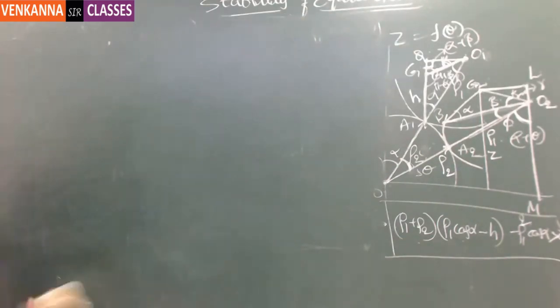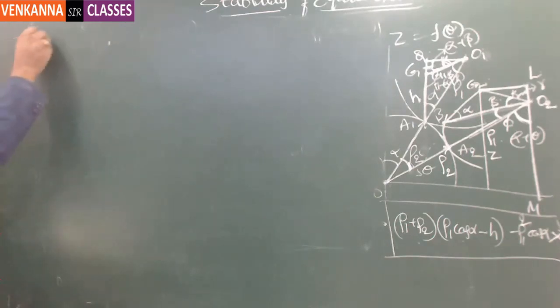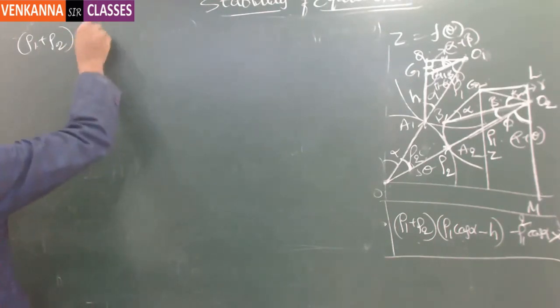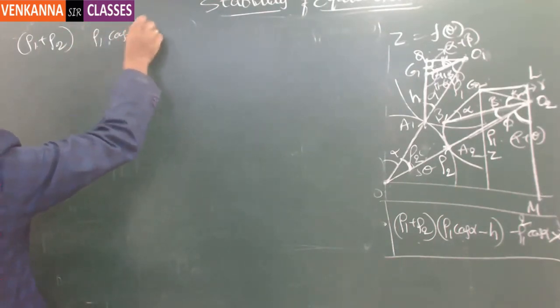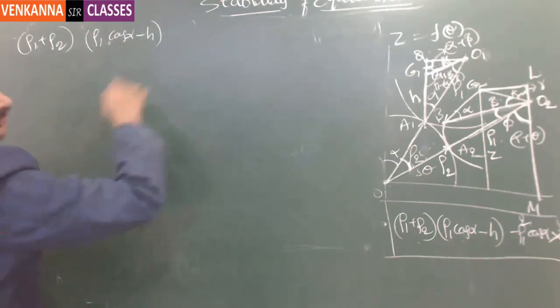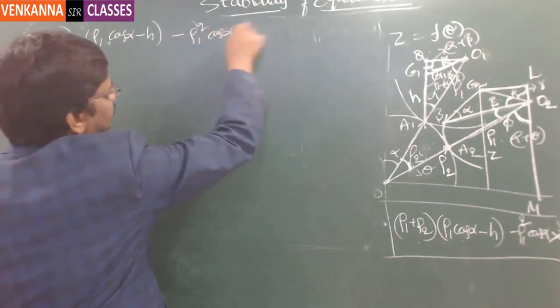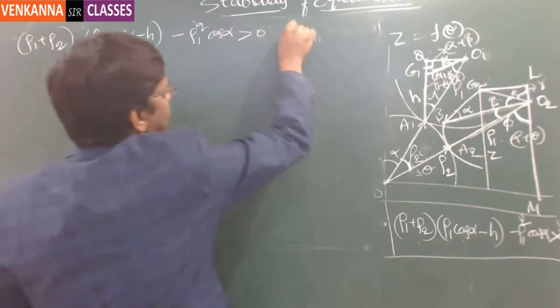So we have got the stability condition as rho 1 plus rho 2 times of rho 1 cos alpha minus h, minus rho 1 square cos alpha is greater than 0 is stable.